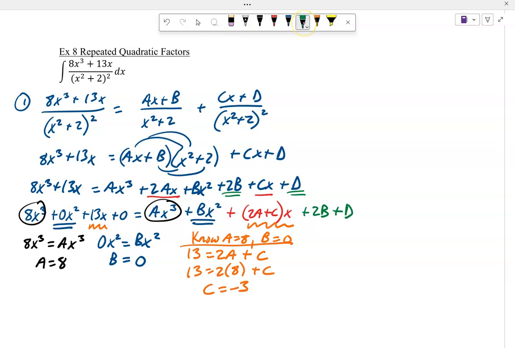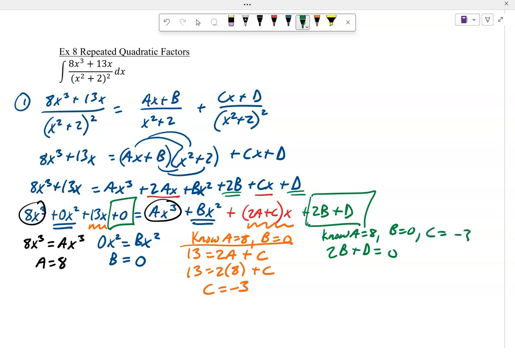And now 0 equals 2b plus d. 2b plus d equals 0. Again, we know a is 8, b is 0, and we also know c now. c is -3. So 2 times 0 plus d. Looks like our d ends up being 0 on this.